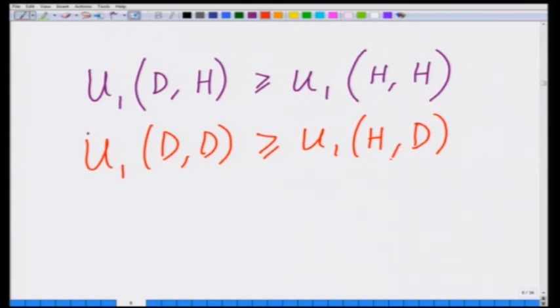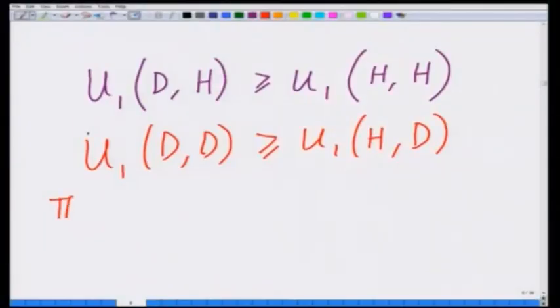That is, irrespective of country 2 choosing H or D, the action D always yields a higher payoff in comparison to the action H. Such an action is known as a dominant action. Therefore, D is a dominant action for country 1 or player 1.